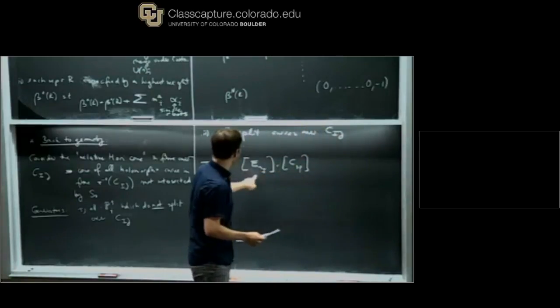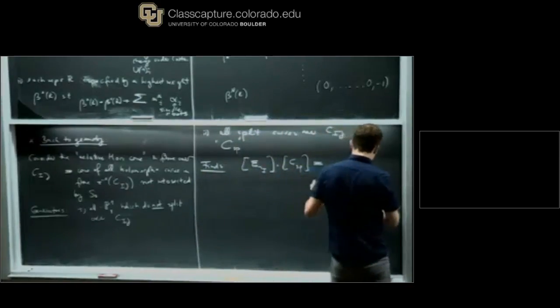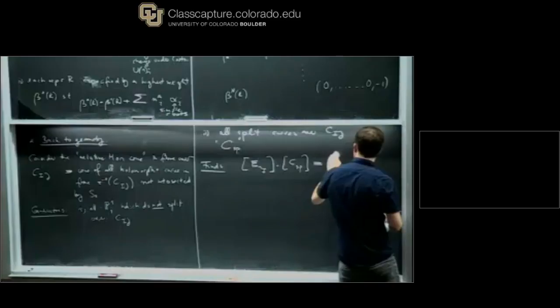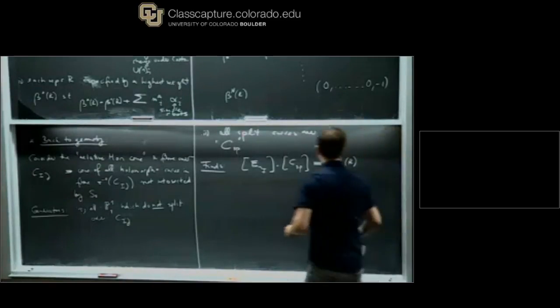Again, this is a divisor, this is a curve, they intersect at points. That intersection number is indeed related to some weight of a representation.